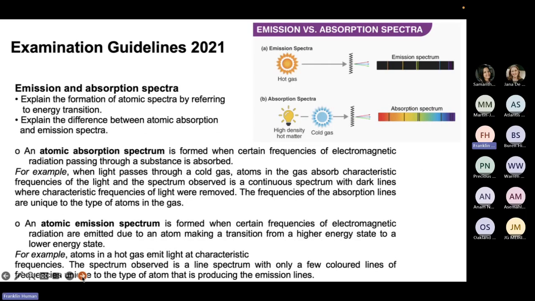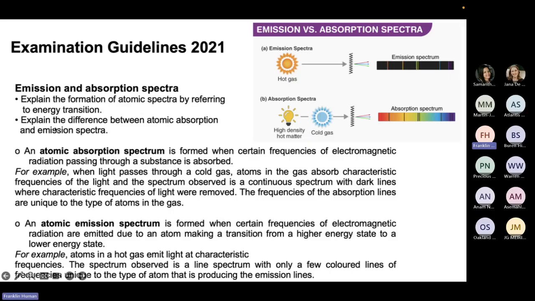Okay, so what you also need to understand is your emission and absorption spectra. Now, these can be demonstrated, and many teachers demonstrate these spectra during practical investigations, but I'm going to go through the theory part of it mainly today. So, next bullet point, explain the formation of atomic spectra by referring to energy transition.